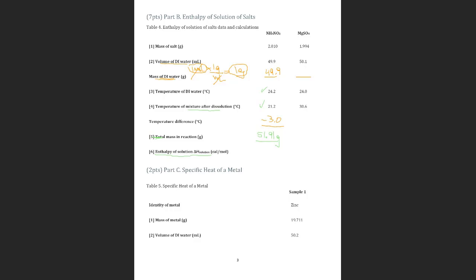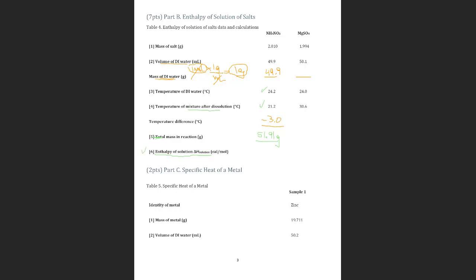So first, we have to calculate the Q of the reaction, and then divide by the number of moles. So how do we calculate the Q? Let's do it in two steps.